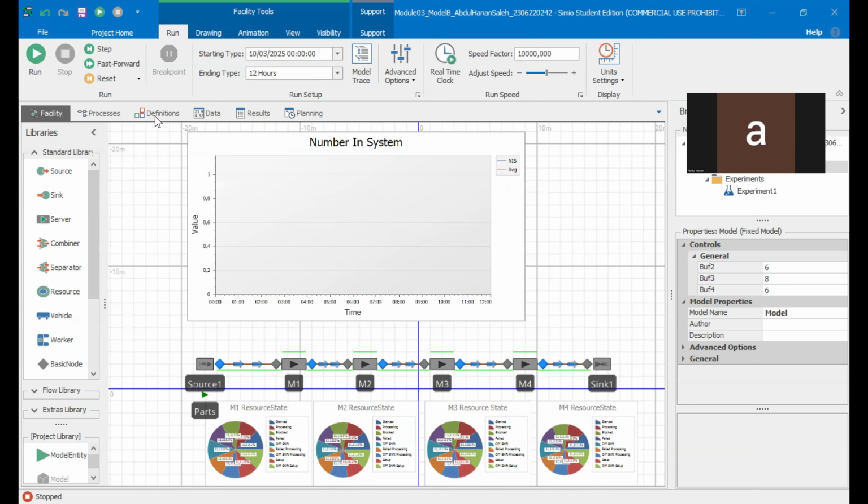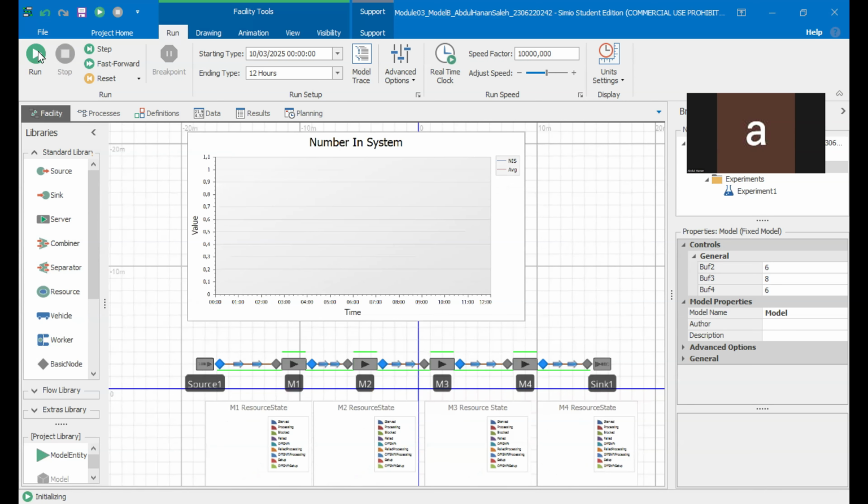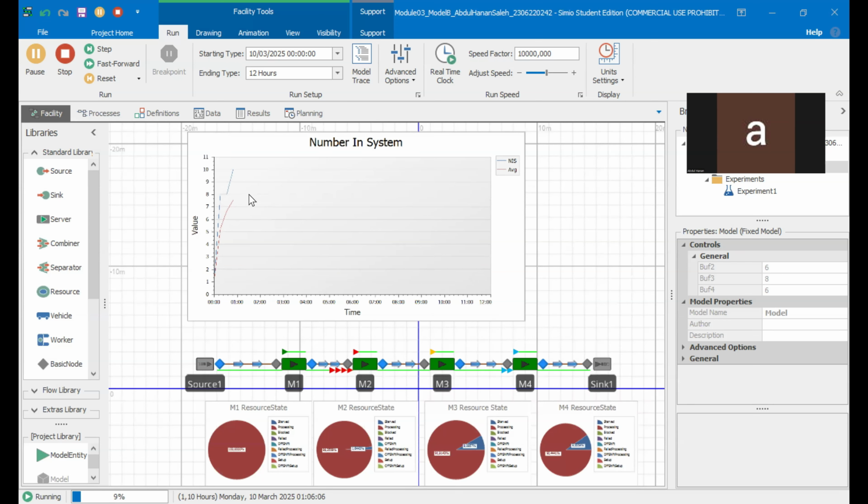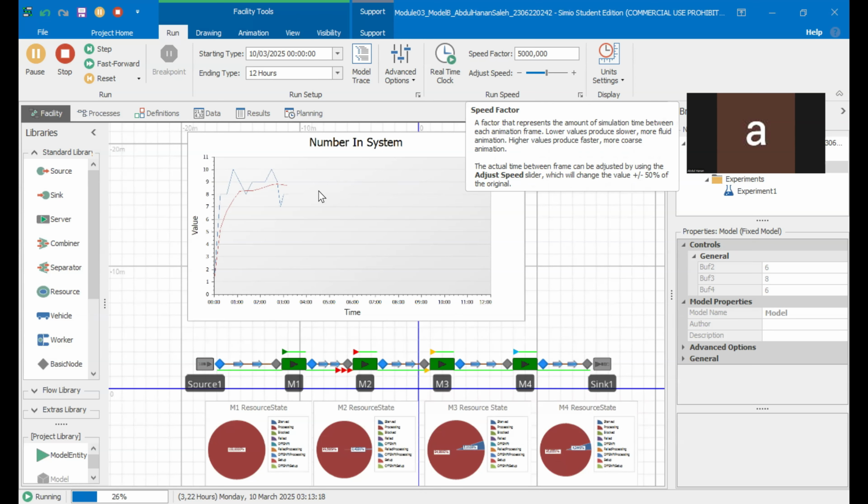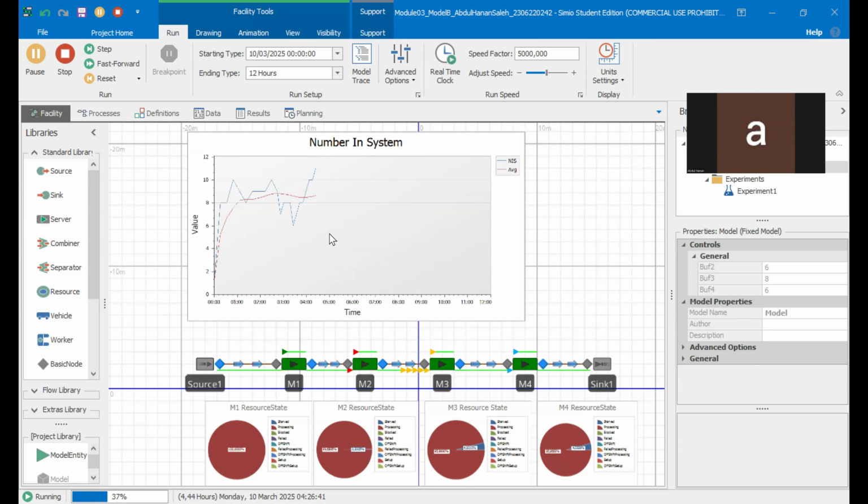Let's try it with model B as well. As we can see, a similar story happened where it goes up and then suddenly starts stabilizing.